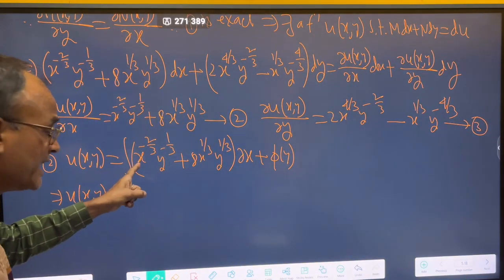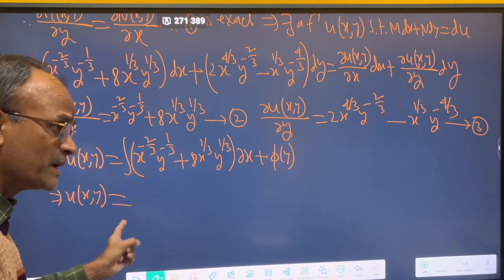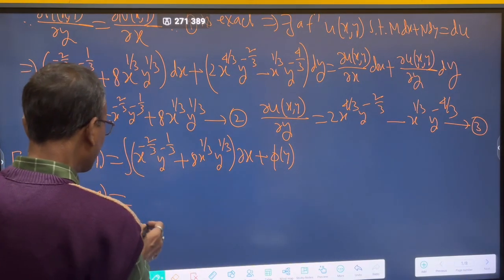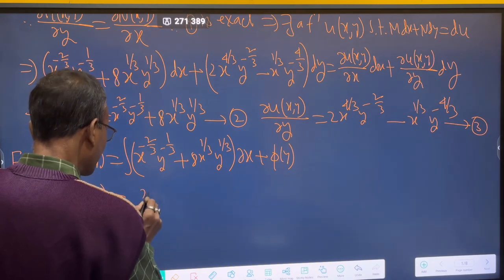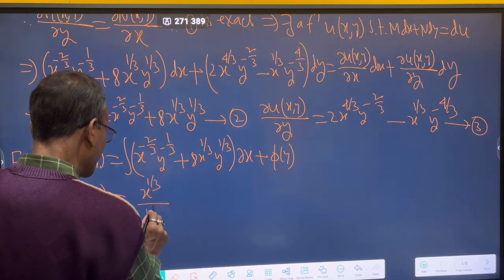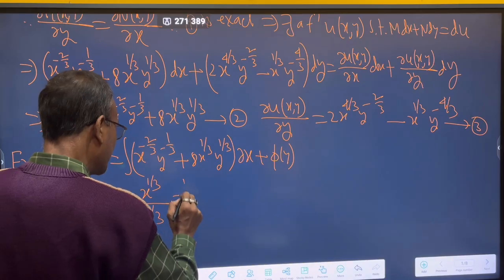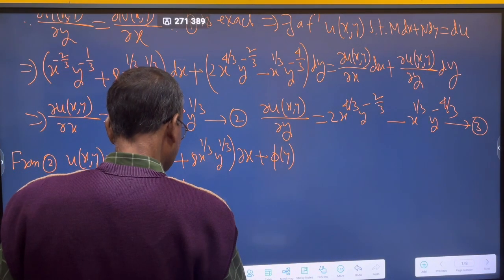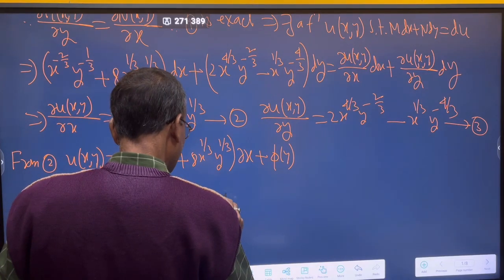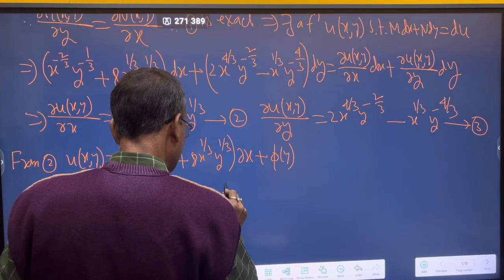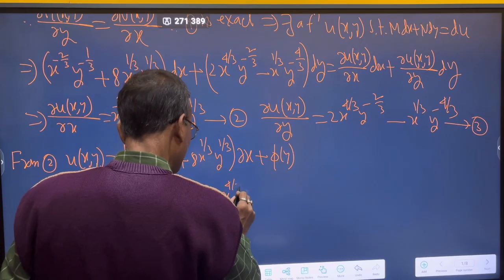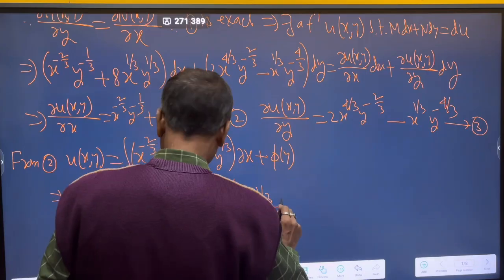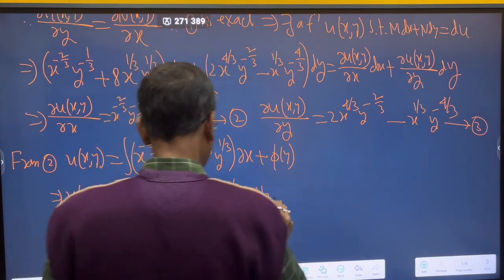Y to the power minus 1 by 3 is there, x to the power minus 2 by 3 plus 1 divided by minus 2 by 3 plus 1. This will be equal to x to the power 1 by 3 divided by 1 by 3, y to the power minus 1 by 3, plus 8 times x to the power 4 by 3 divided by 4 by 3, y to the power 1 by 3, plus phi of y.